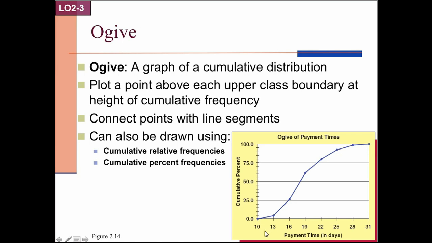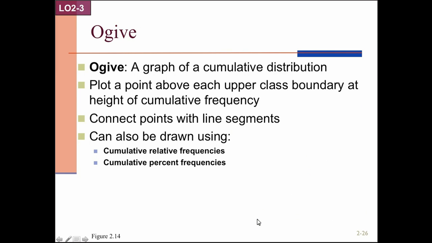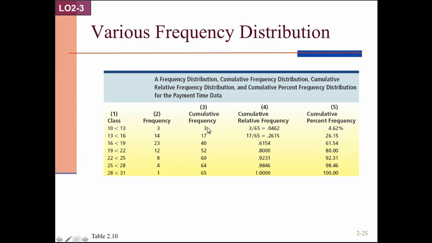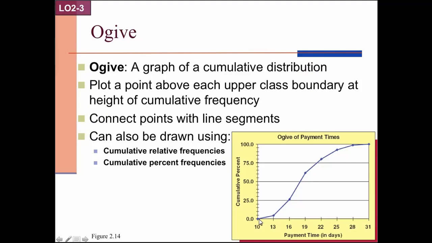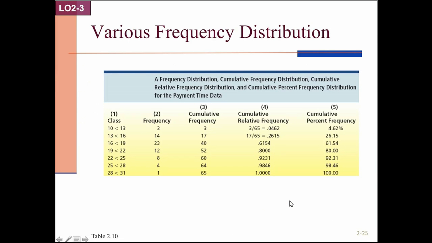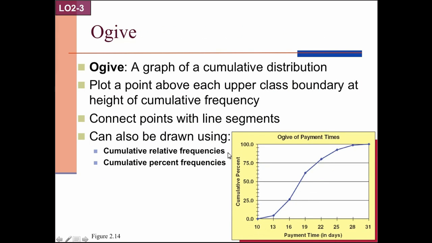In this case it is a cumulative percent, so you're starting at 0 if you go to the table. So this is 0, then you start actually at 10, the first class is 3, then 17, so you should see the first one here is 3, then you jump to 17, and then you jump to 40.